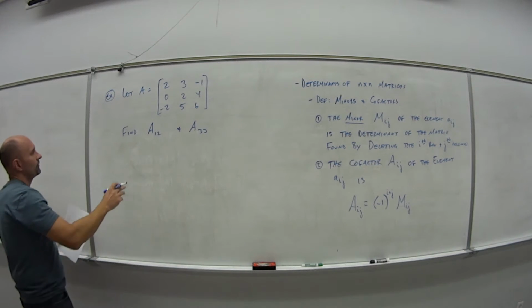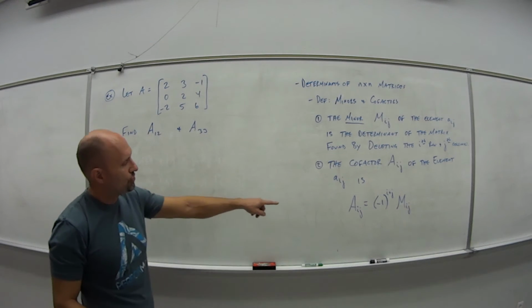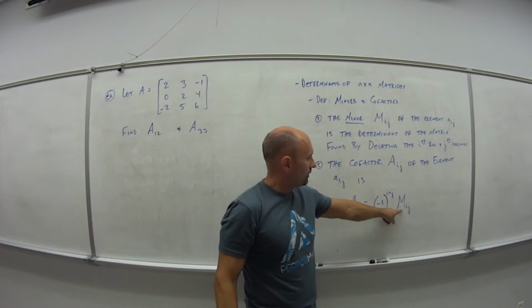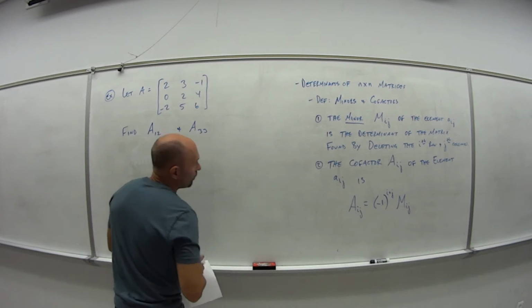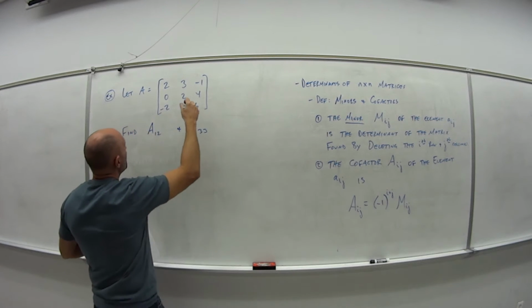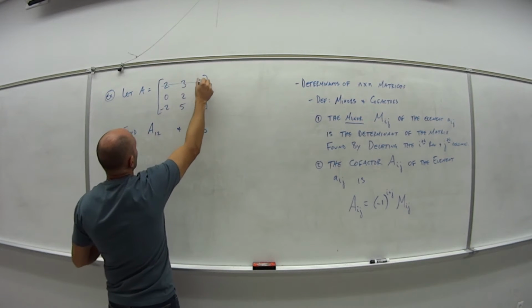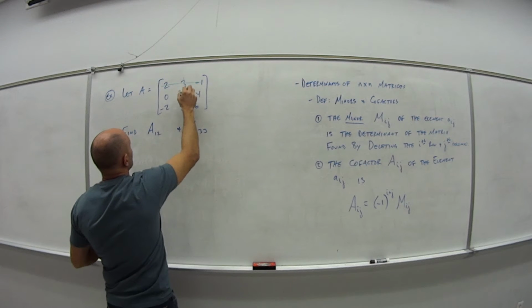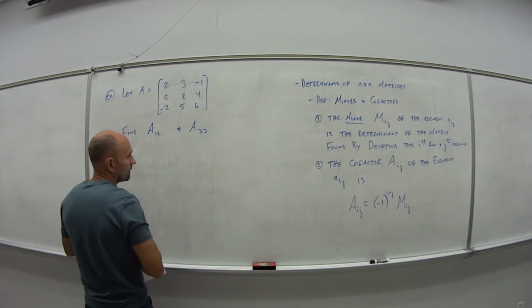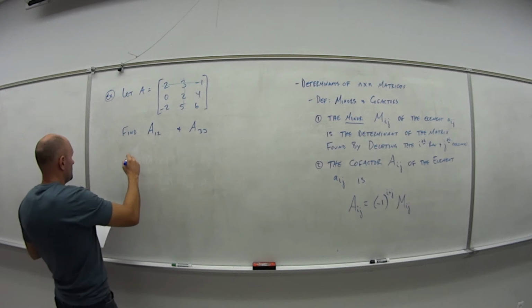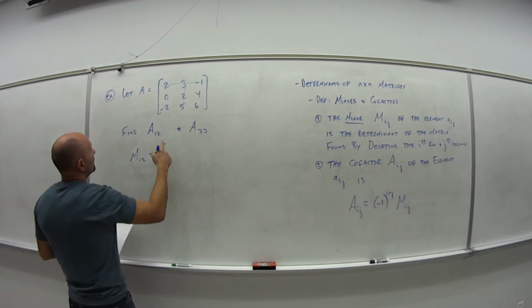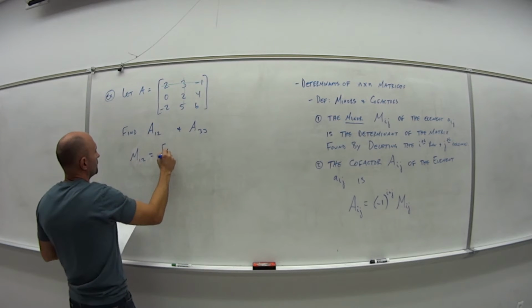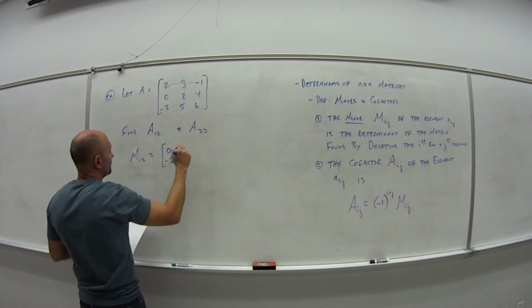So, first thing I need to find A12 is the minor matrix M12. And that means what? That means I cross off row 1 and column 2. So M12 is just what's left, 0, -2, 4, and 6.